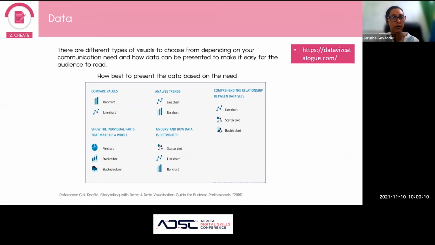Is it showing a comparison perhaps between gender, groups, location? Do I need to show what has happened over the past few decades? Then I need a trend or an analysis of trends. In some cases, you may need to show composition, so you'll need a visualization that speaks to that, or distribution over different areas, or relationships.